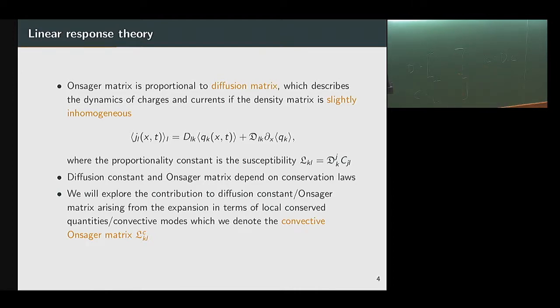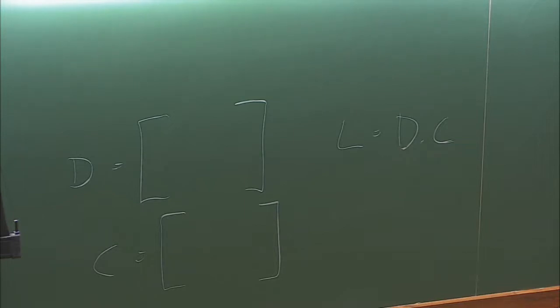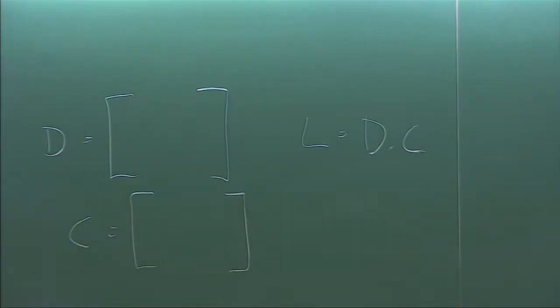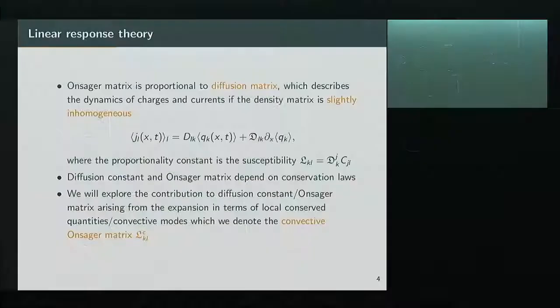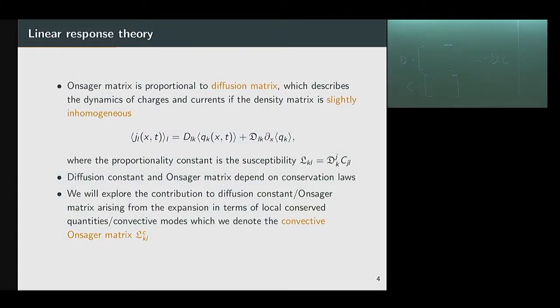So the Onsager matrix is expected to depend on expectation values of conservation laws, in particular, expectation values of conservation laws of the state around which we are perturbing. As I said, here we have a weakly inhomogeneous state. That's why we do this expansion.